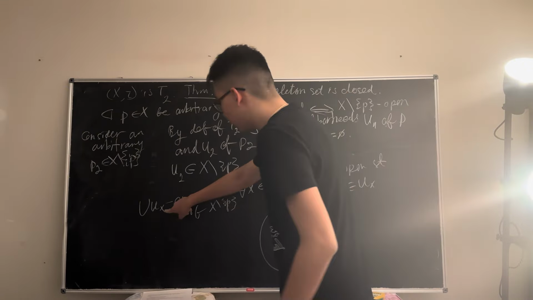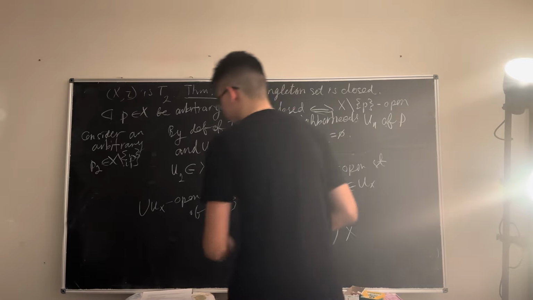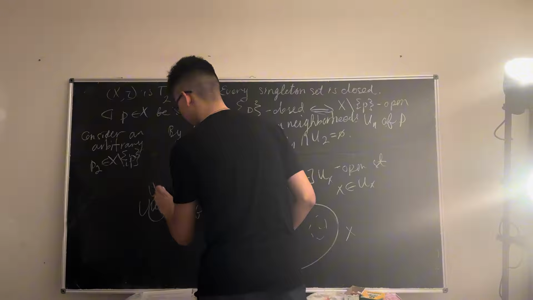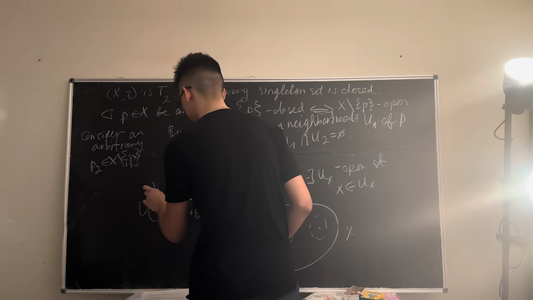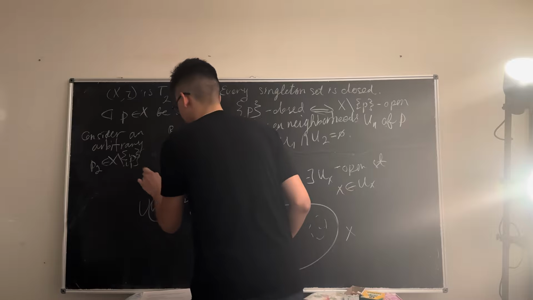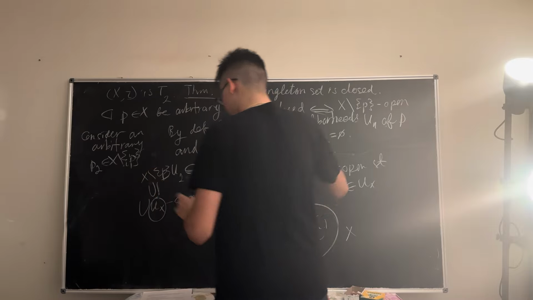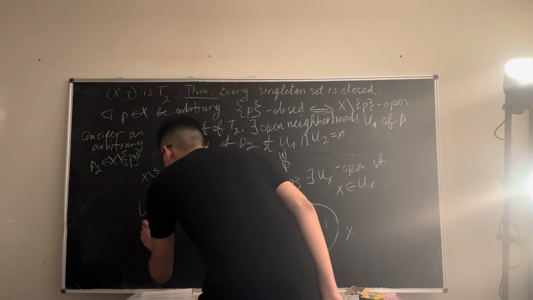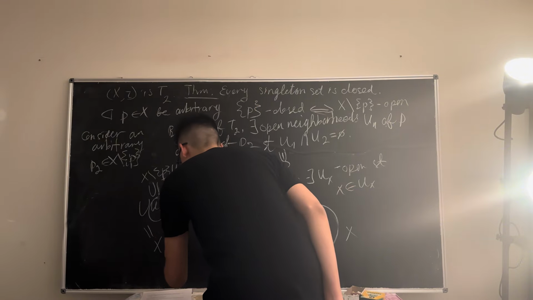But since every one of these Ux is a subset of X excluding p, we can state that the union of these is equal to X excluding p.